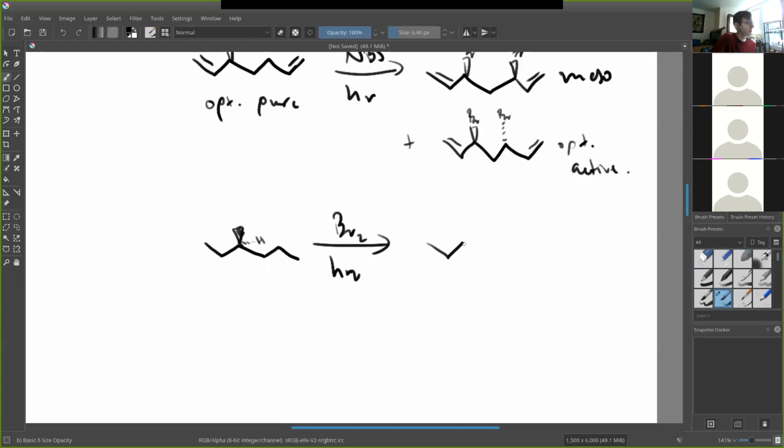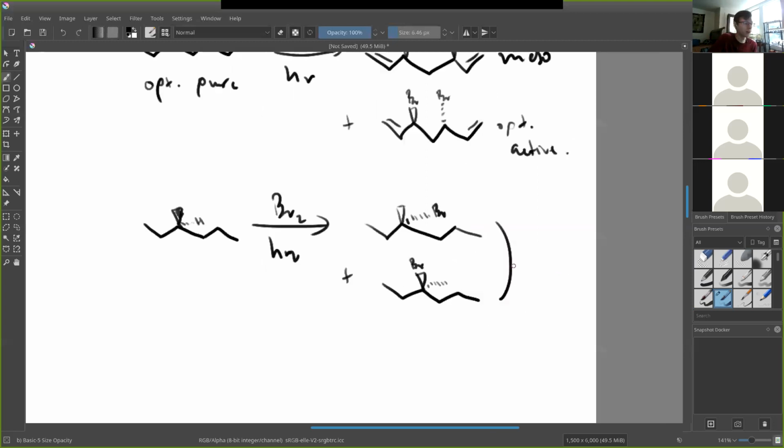But, and this is the important part, some of the time the methyl is going to stay up front and our bromine will be kicked to the back. But some of the other times we'll get that the bromine goes up front and the methyl goes to the back. And these are enantiomers, and these are racemic.